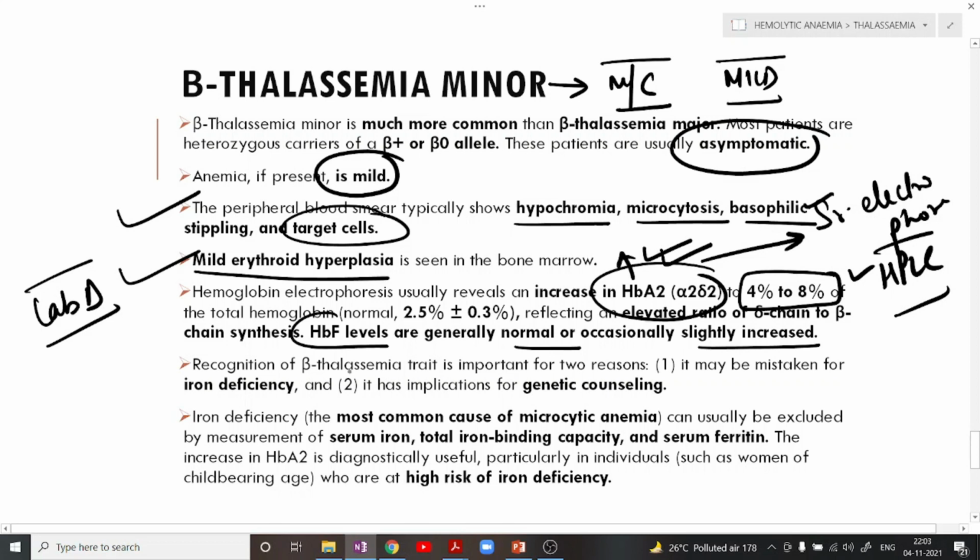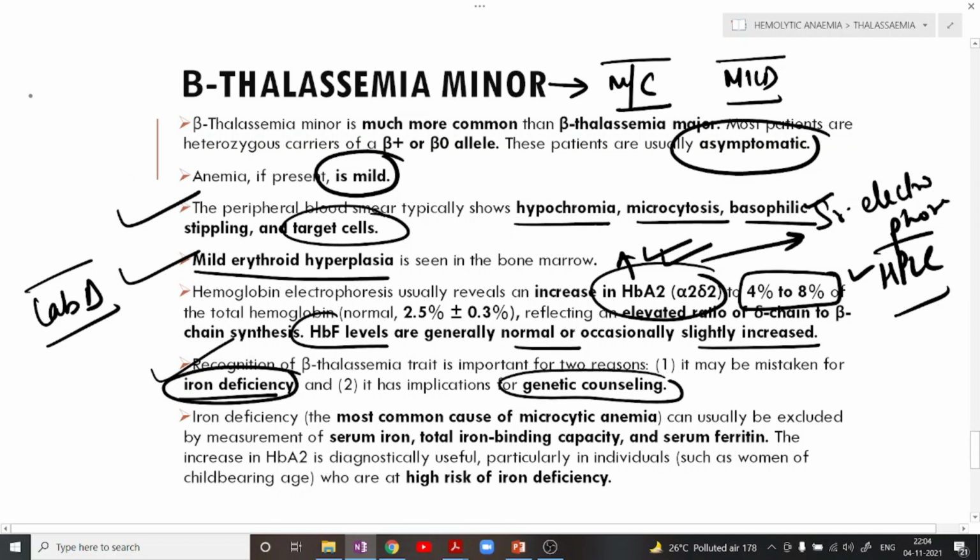Now remember, why is recognition of beta thalassemia trait important? There are two important things over here. One is that beta thalassemia minor can be mixed up, because both iron deficiency anemia as well as beta thalassemia minor can be a differential diagnosis of each other. They can be confused, so we have to separate iron deficiency from beta thalassemia minor. I'm going to tell you how we are going to differentiate. And second, it has an implication for genetic counseling.